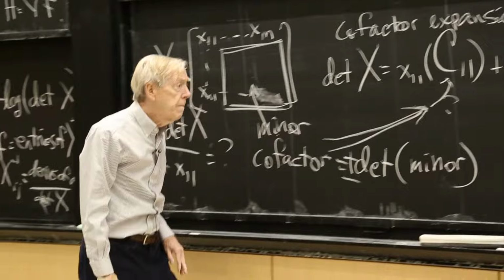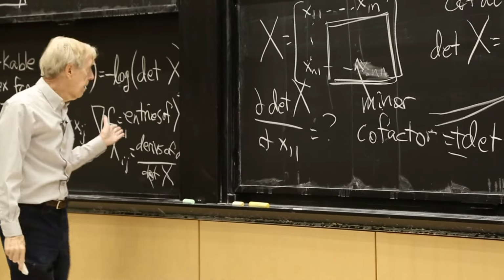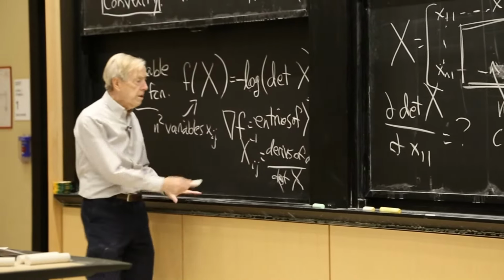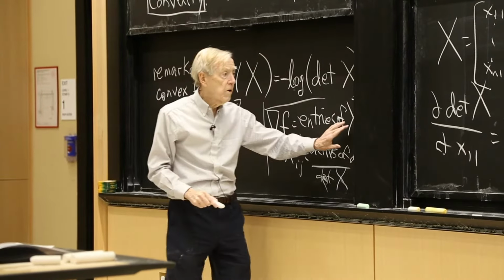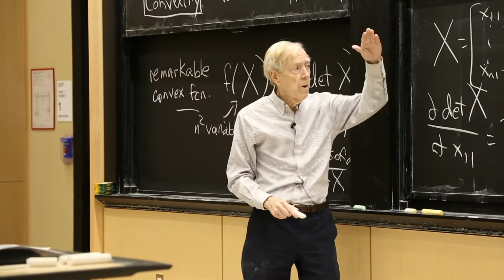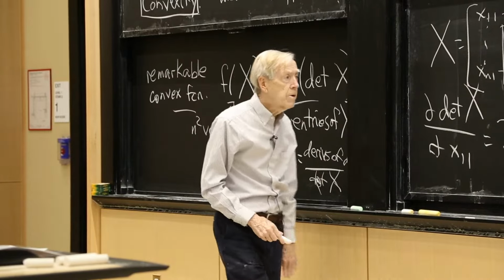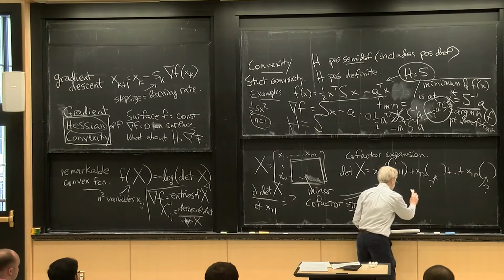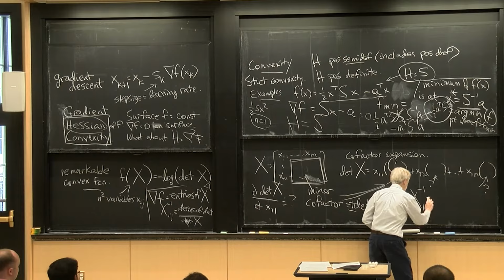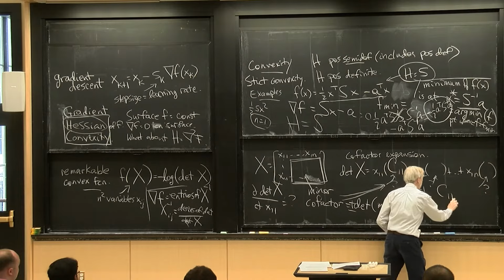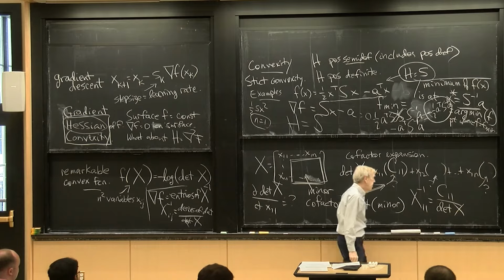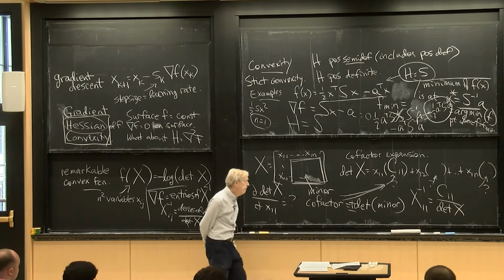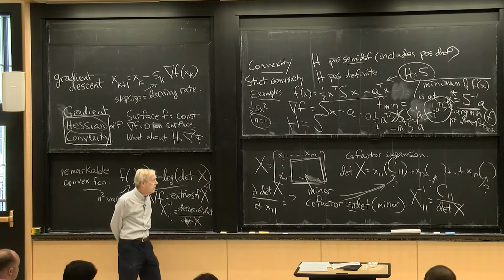Okay. And that will connect back to this amazing fact that the gradient is the entries of x inverse, because the inverse is the ratio of cofactor to determinant. So x inverse 1 is that cofactor over the determinant. So that's where this all comes from.